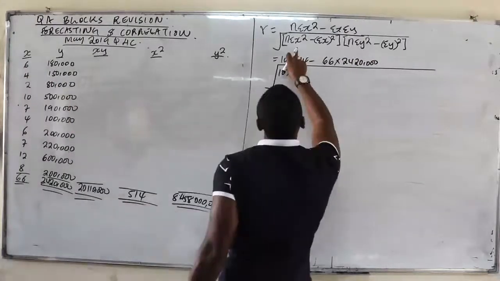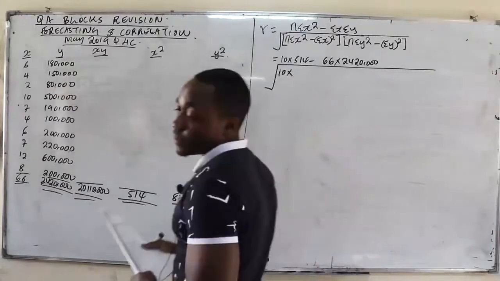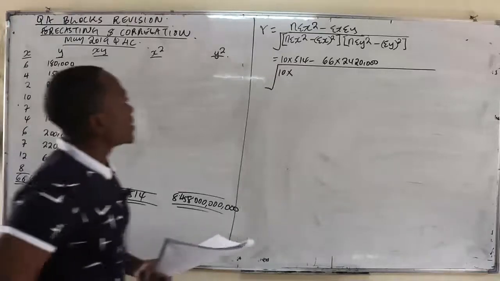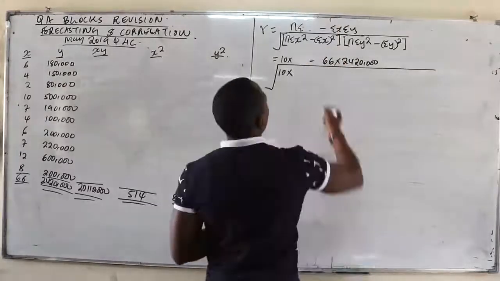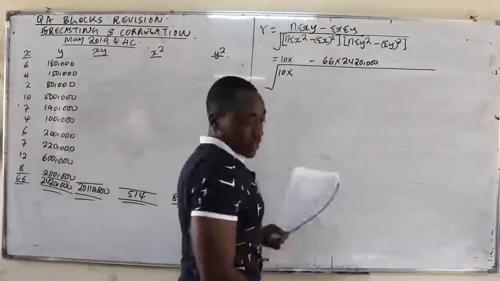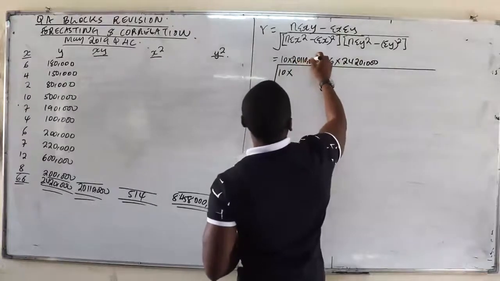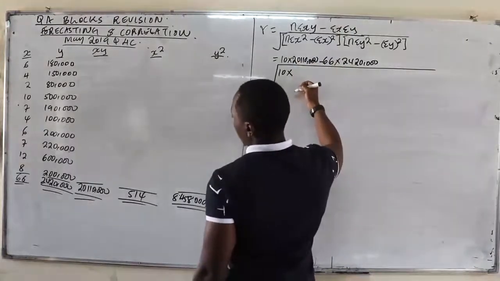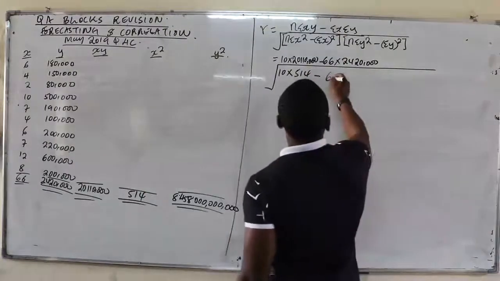You multiply by summation of XY, sorry, this one is supposed to be summation of XY, which we have is 20,110. Then summation of X squared is 514, minus summation of X, which was 66, then you square.